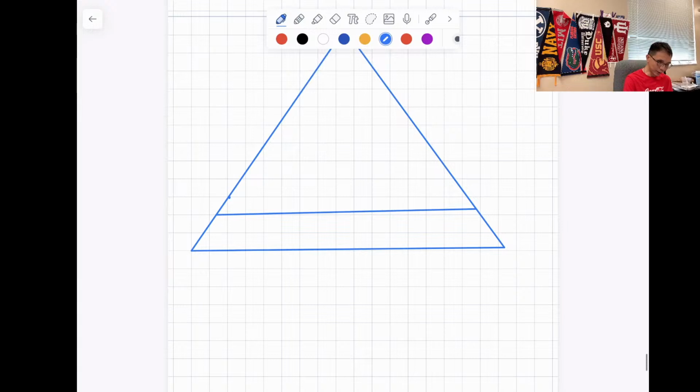So here I put: limit exists. Limit exists, definition-wise, is: the limit as x approaches a from the left of f of x is equal to the limit as x approaches a from the positive side of f of x.